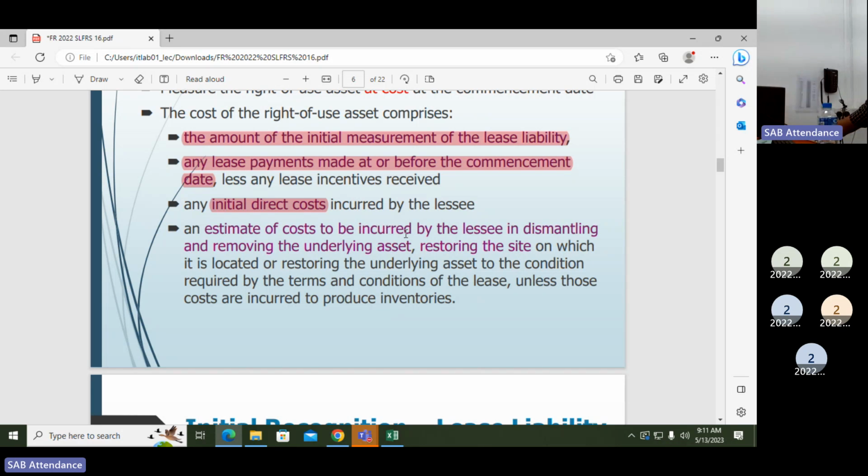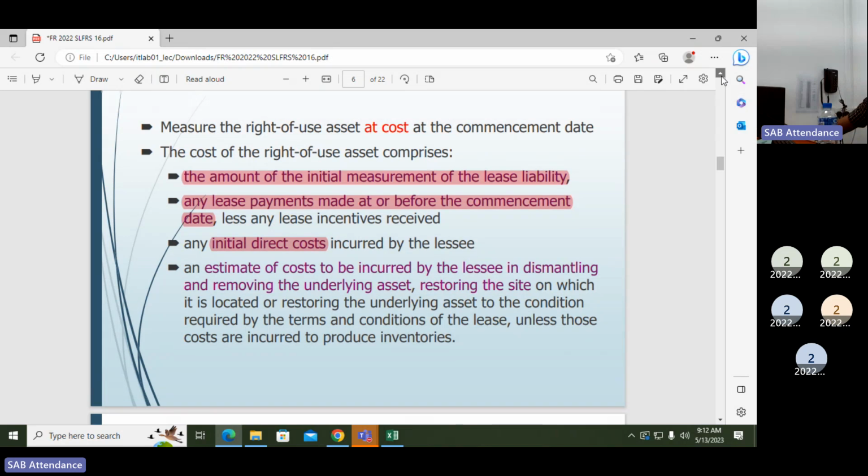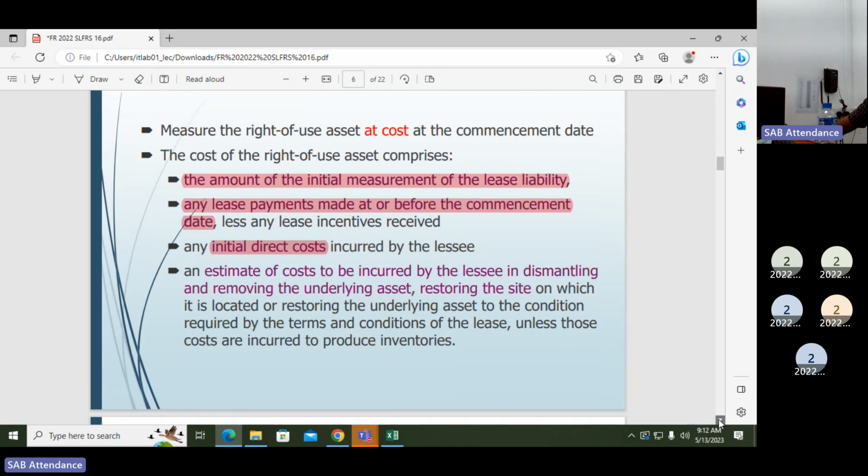Similarly, in a lease agreement also, if you lease a building and enter into a lease agreement, there may be legal charges. So that becomes part of the cost of the asset. You don't debit that to expense. You credit cash and debit it as part of the initial measurement of the lease asset, the right of use asset.